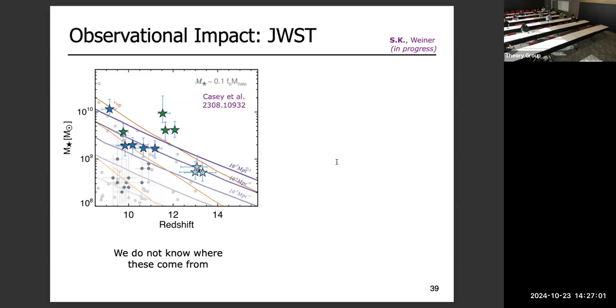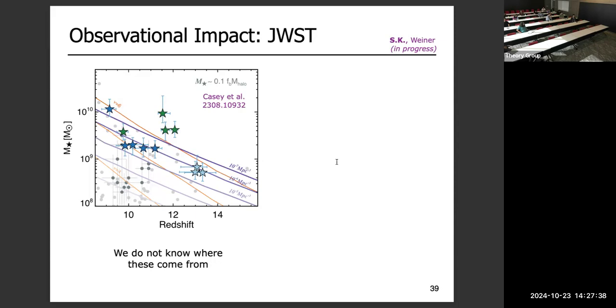If you focus on this particular line over here, it corresponds to a number density of 10 to the minus 7 inverse megaparsec cubed, which means if you had a survey whose volume was 10 to the 7 megaparsec cubed, then on this line you would have seen exactly 1 halo. Okay? But for this particular survey, the volume was actually even smaller. So on this line, you would have actually seen less than 1 halo.